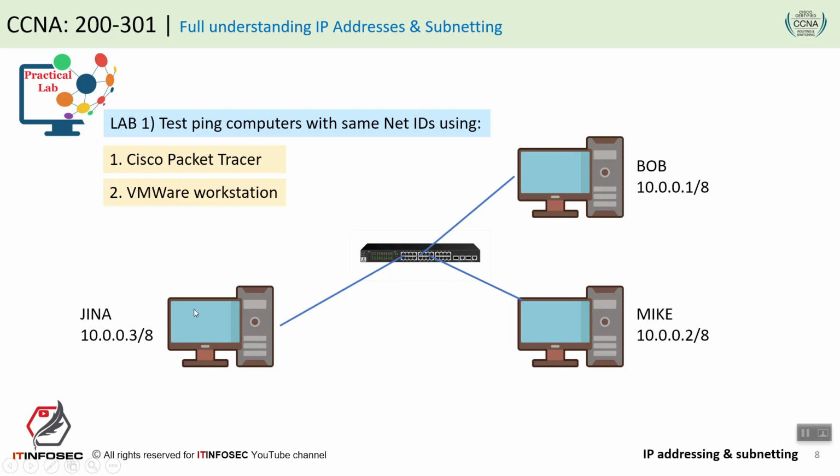We will have 3 computers, Gina, Bob, and Mike, with assigned addresses in class A, 10.0.0.3, .1 and .2, and one switch between them. We will consider how these computers communicate with each other.